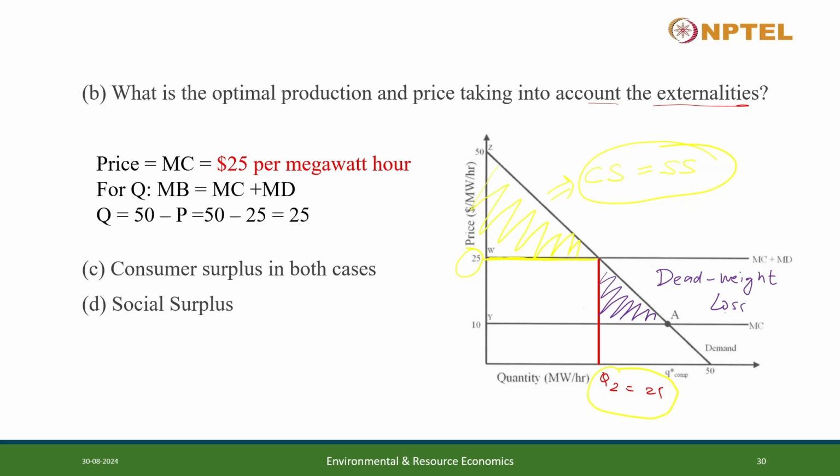So if a firm has to pay for the externality, then there will not be deadweight loss. However, if the society has to pay for the environmental damages, then the deadweight loss can be given by this area. So I think I'm clear with this concept.